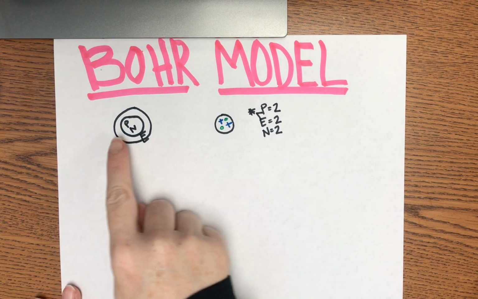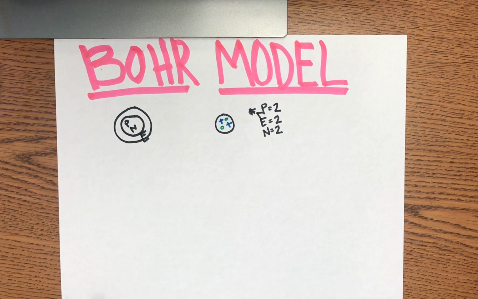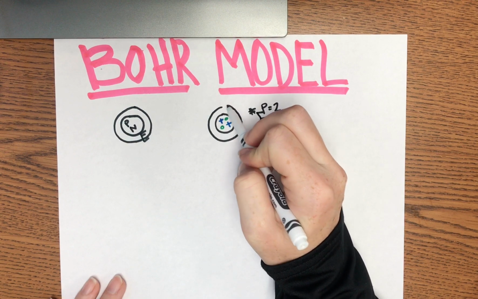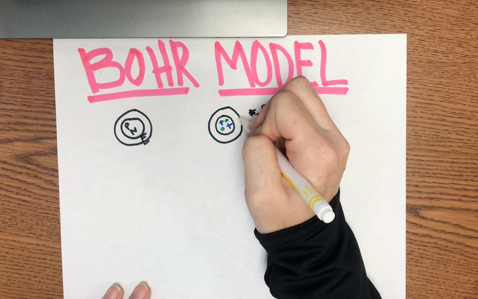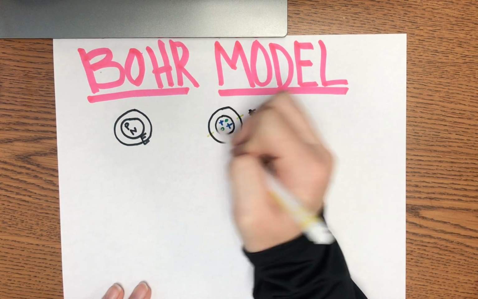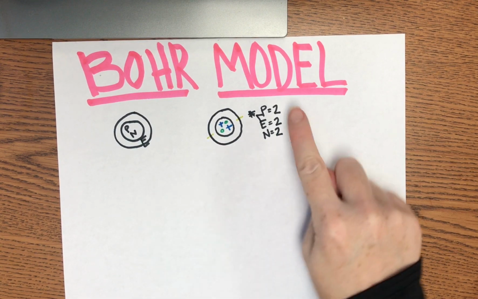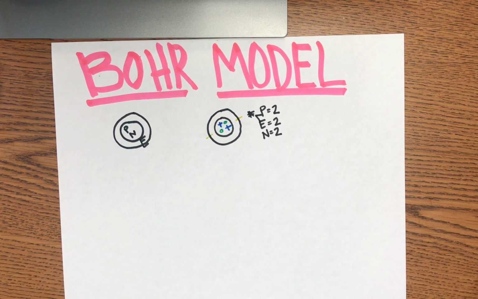Now, our electrons do not go in our nucleus. They go outside here in our electron rings. So, we will draw our ring around the nucleus, and to represent the electron, remember, they're negative. So we draw just a negative symbol, just like that. This is a Bohr model of an atom that has 2 protons, 2 electrons, and 2 neutrons.